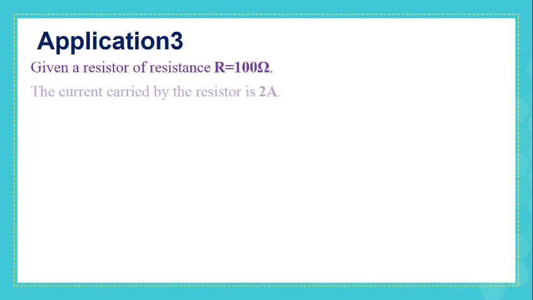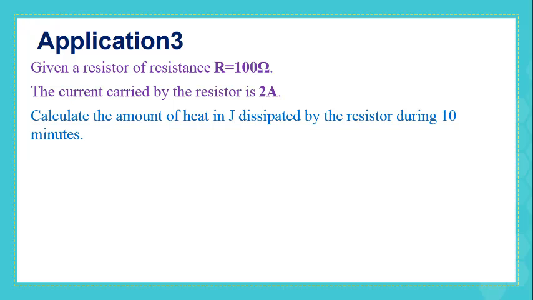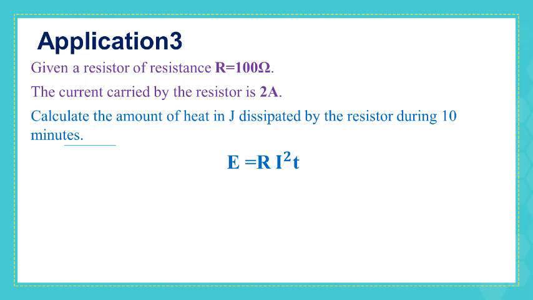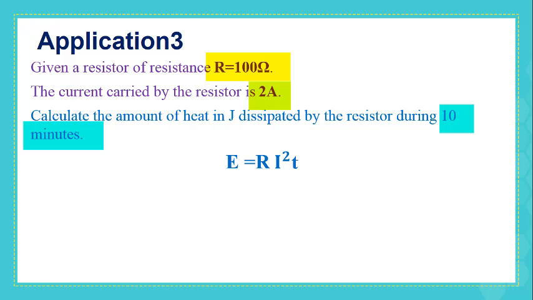Solve this application, then check your answer. Calculate the amount of heat in joules dissipated by the resistor during 10 minutes. Using the formula E equals RI squared T, resistance is given 100 ohms, current is equal to 2 ampere, time is given 10 minutes. Here we have to pay attention to the SI units.